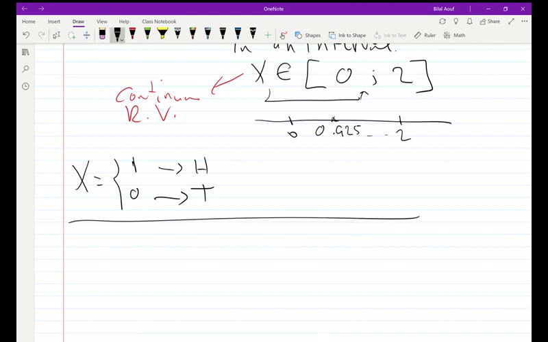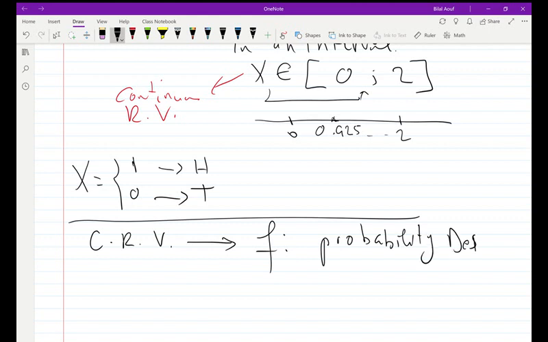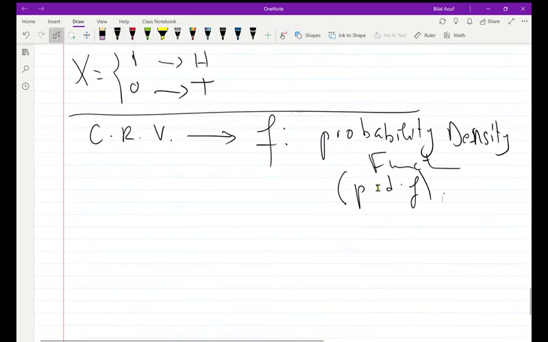In continuous random variable, I need a function known as probability density function, as acronym for it, PDF. So in order to define a continuous random variable, I must define this function.